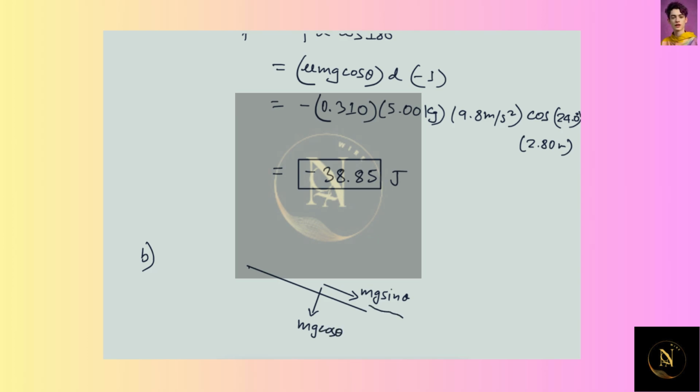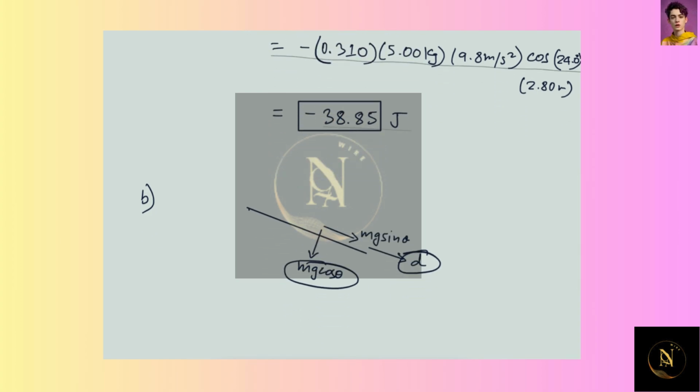Now the displacement is along the incline, so the component mg cos theta is perpendicular to displacement, which means the work done by this component will be 0. So work done by gravity is equal to work done by the gravitational component mg sin theta.